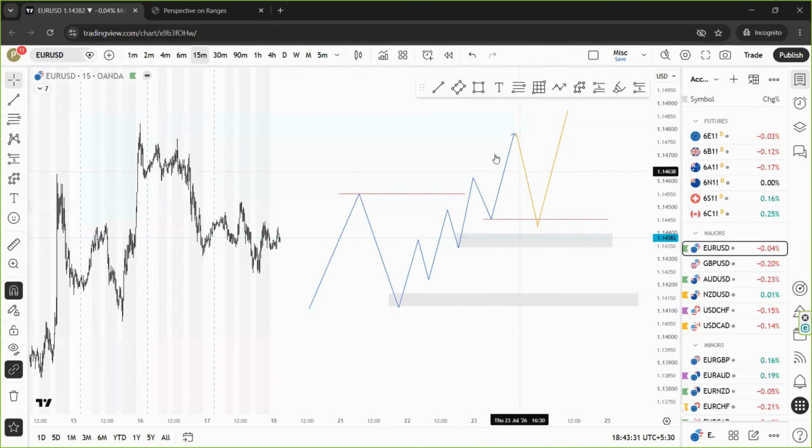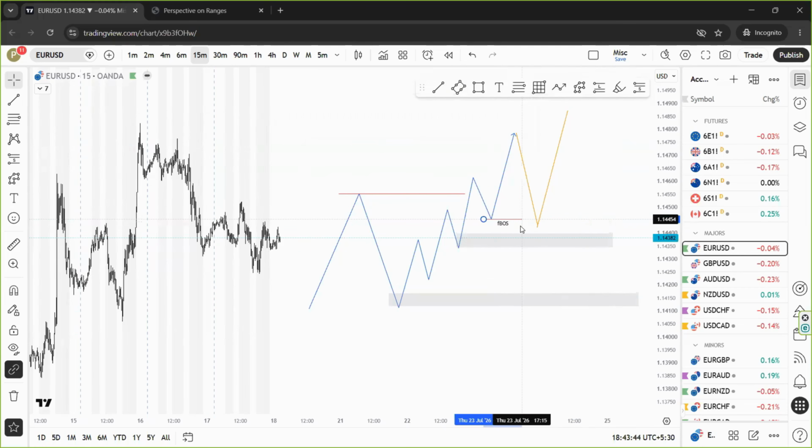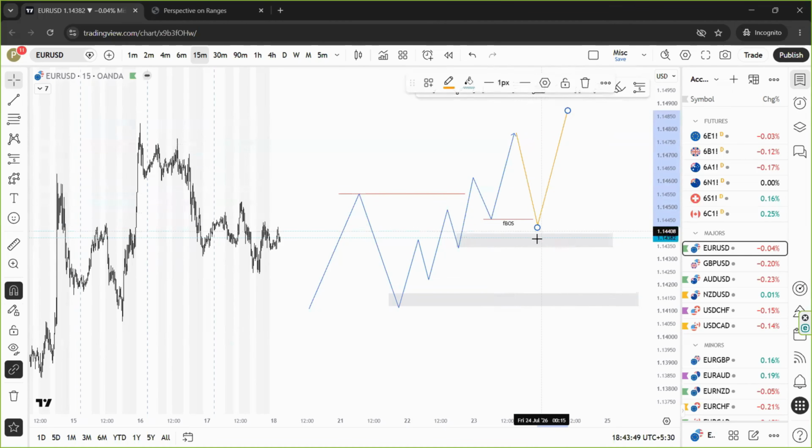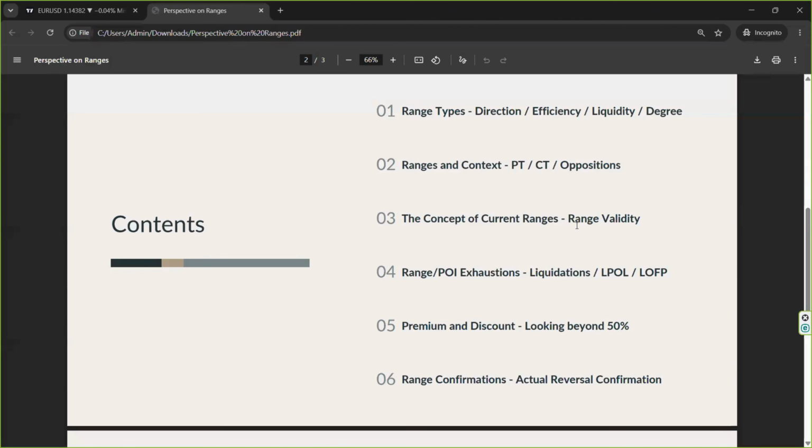So again, context matters, but this is something you have to keep in mind, because sometimes people just use a singular breakout of structure as a change in direction, but this could also be what we call a fake BOS, which can be used as liquidity to fuel a continuation. So those are the three functions of current ranges.